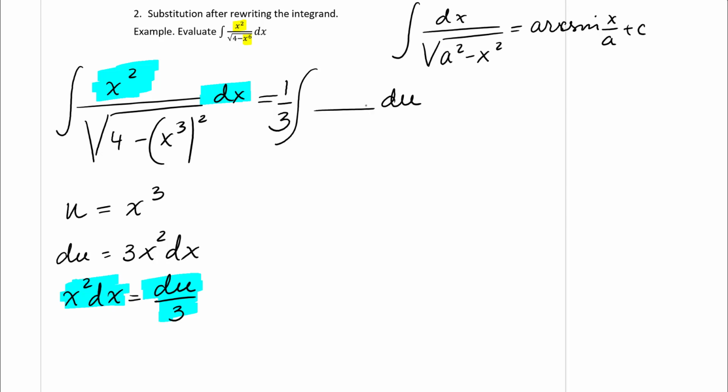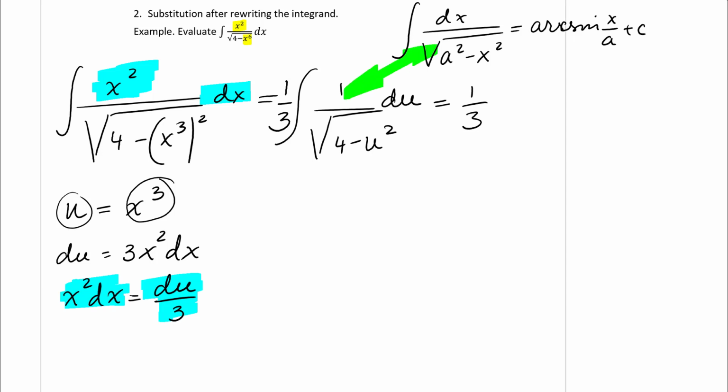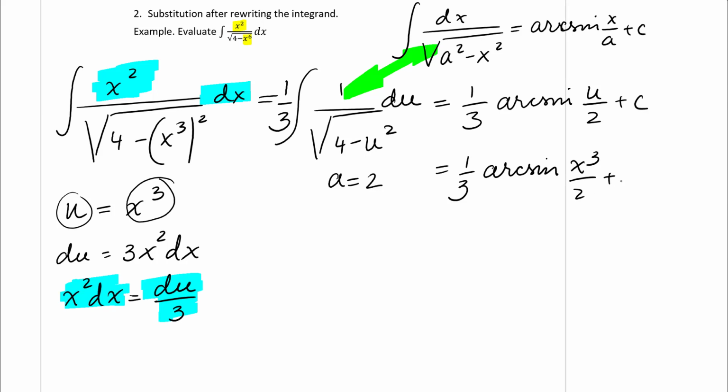So in the integrand, it's going to be 1 over the square root of 4 minus x to the 3rd, now it's u squared. So now we can see right away that this formula can be applied easily. So it's going to be arcsine of u over 2, because our a is actually 2. a squared equals 4, so a equals 2, plus c. But our original problem was in x, so 1 over 3 arcsine of (x to the 3rd over 2) plus c.